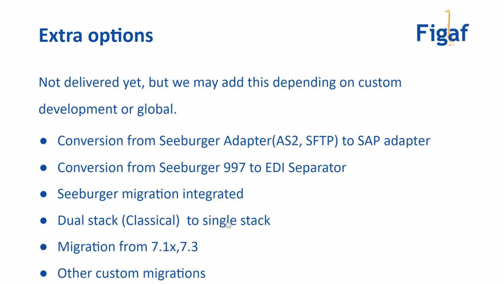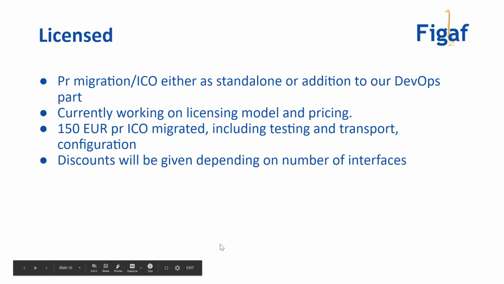But obviously you will still need to configure communication channels and run the testing, so at that point there is really a good benefit. We also have options to test or fetch data from a dual stack system that you can use in the migration to test that everything looks identical, and then if you want some custom data for your migrations.